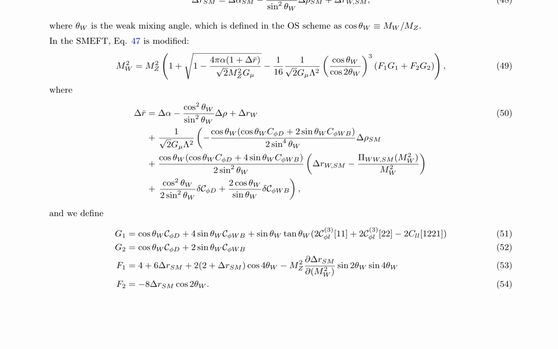The authors calculate M_W squared SM and M_W squared EFT at one loop and use the best theory result for M_W squared SM to obtain their final expression for the mass of the W boson.